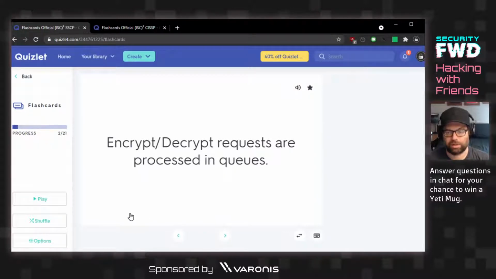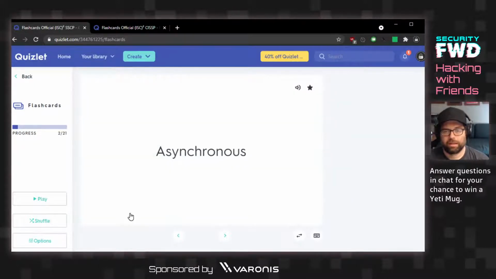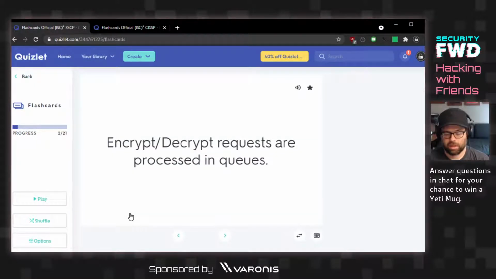All right. Encrypt decrypt requests are processed in queues. Joseph also answered asymmetric. Very good. All right. Asynchronous. This is one of those nuanced things. Certainly you could have synchronous queues as well, but that's how they're describing it.